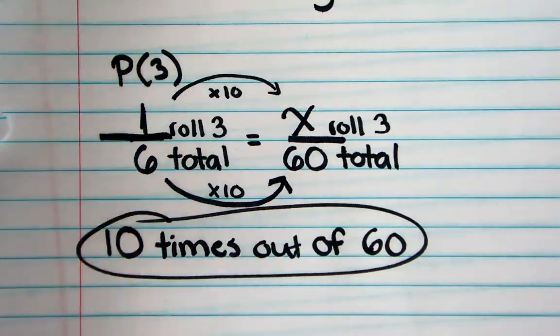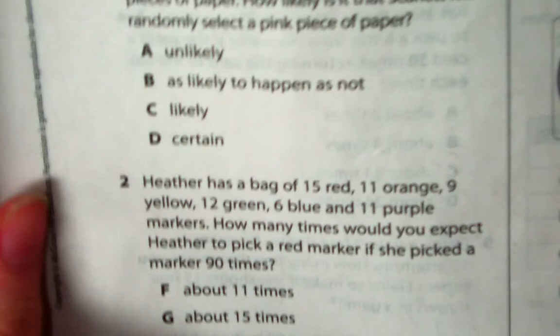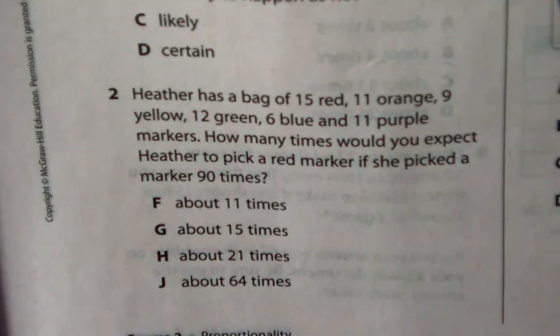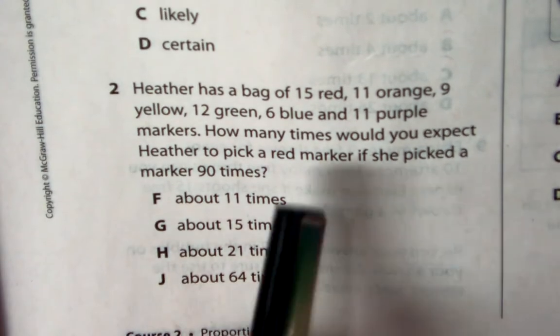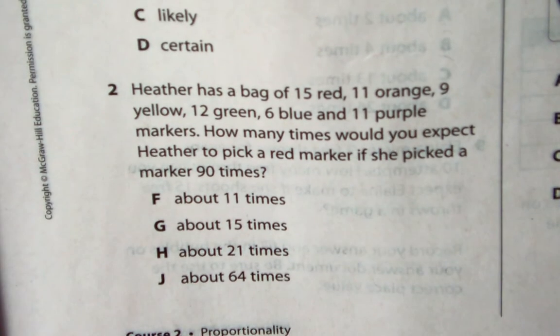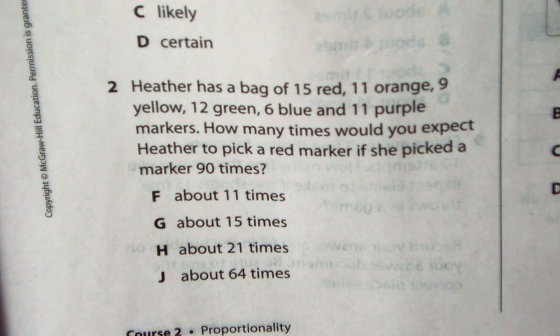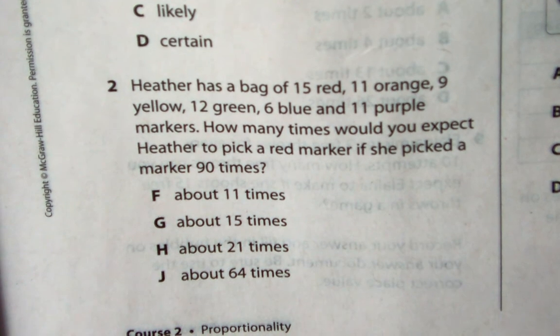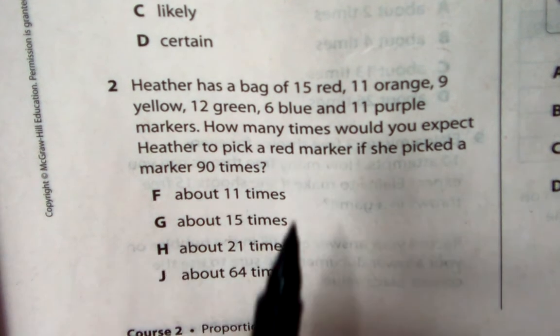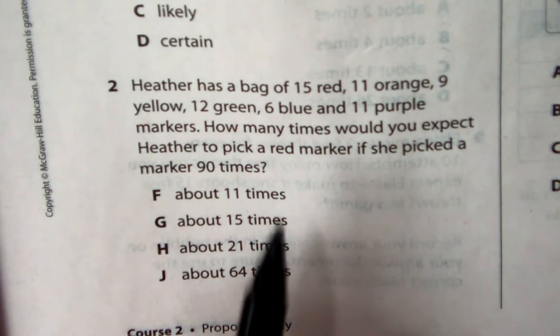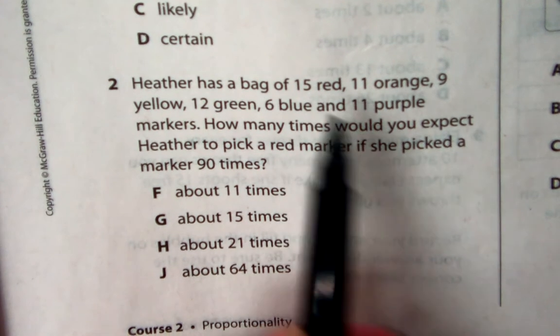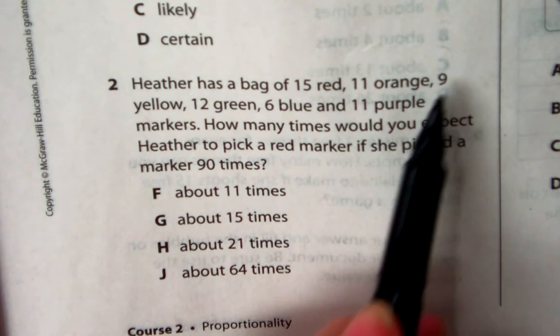I'll give you an example of what this might look like. Heather has a bag of 15 red, 11 orange, 9 yellow, 12 green, 6 blue, and 11 purple markers. How many times would you expect Heather to pick a red marker if she picked a marker 90 times? So you have to look at the simple event, the given ratio. I know that there's 15 red out of, and you would have to add all these up to find the total.